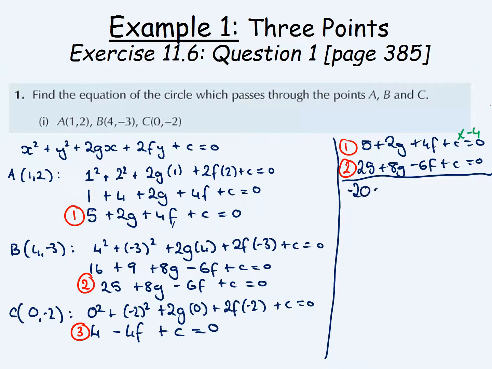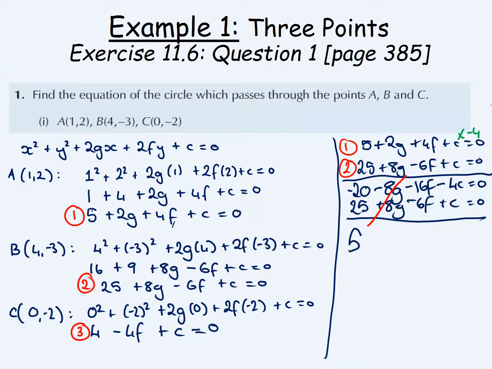I get minus 20 minus 8g minus 16f minus 4c equals 0. The second line stays the same: 25 plus 8g minus 6f plus c equals 0. When I add, my 8g's cancel and I'm left with 5 minus 22f minus 3c equals 0. So this becomes equation 4.